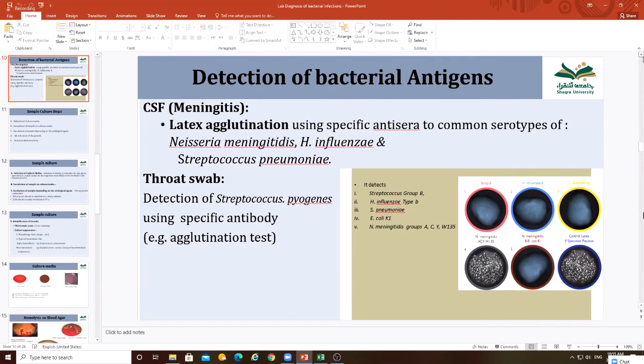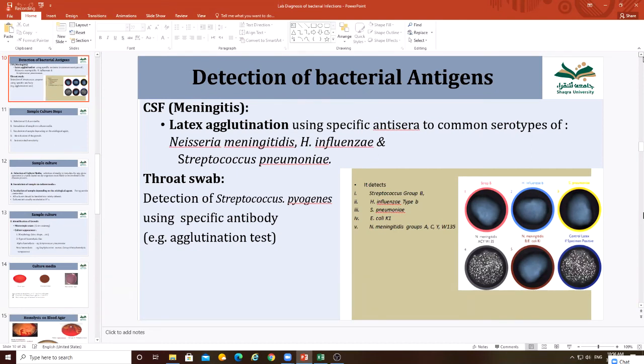Any other test? Somebody was saying detecting antigen. Doctor, yes, detecting antigen, like the ELISA machine or something like that. There are many methods. Either you do ELISA, radioimmunoassay, precipitation, agglutination, or the immunochromatographic method.